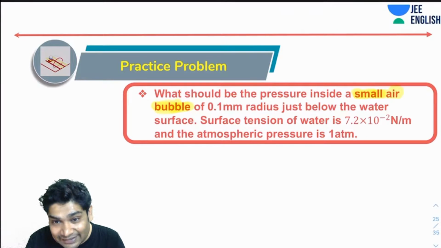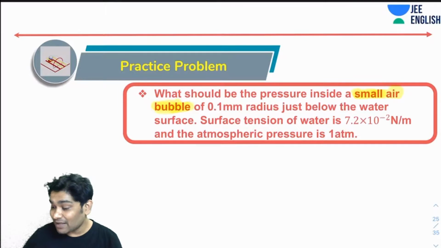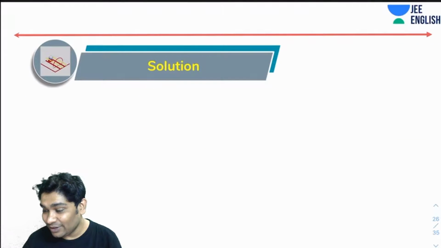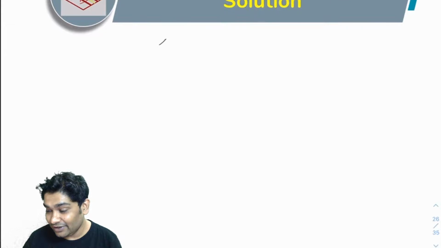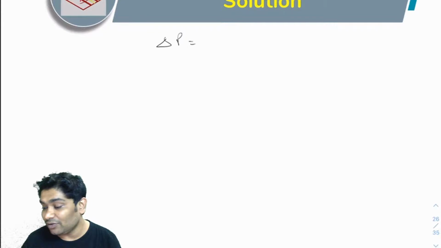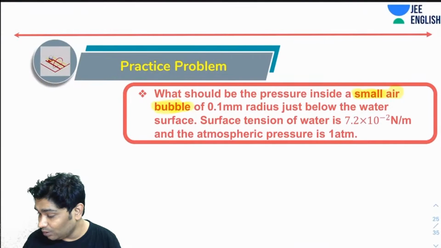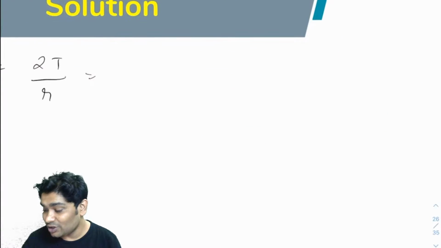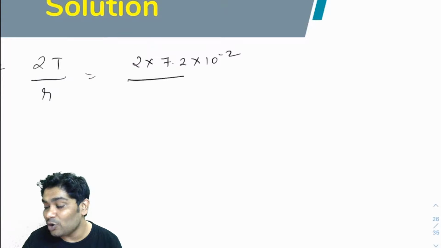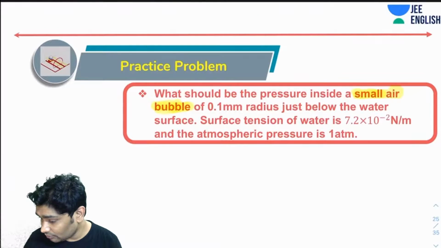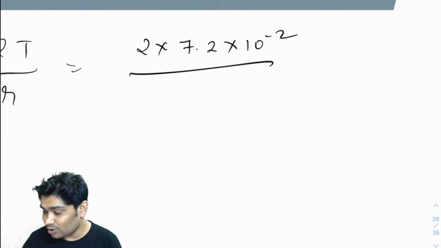Okay, so Moisha says 1.014 into 10 to the power 5. Okay, let's see. That may be just correct. You know your delta P should be equal to 2T over R, which in this case would be 2 into 7.2 into 10 to the power of minus 2 over R. R is 0.1 mm, so R is 10 to the power of minus 4.